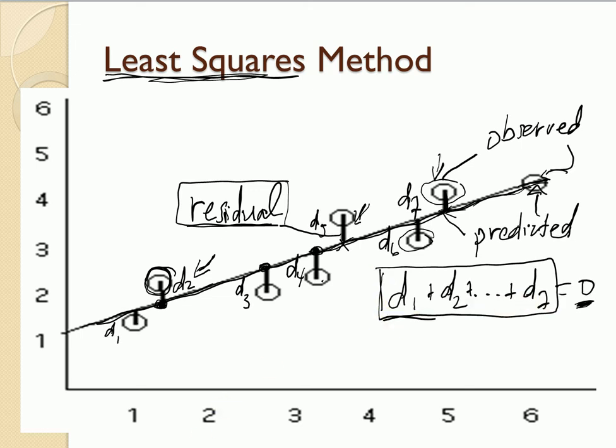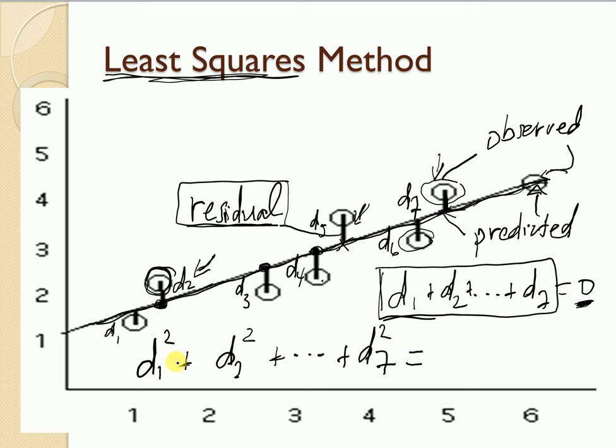Instead of adding the residuals together so that we get 0, we're going to square each one of them first. So d1 squared, then d2 squared, all the way to d7 squared, and then we will add them together.